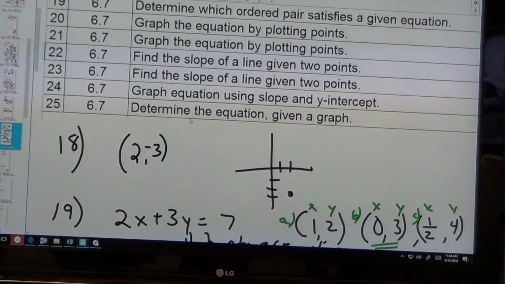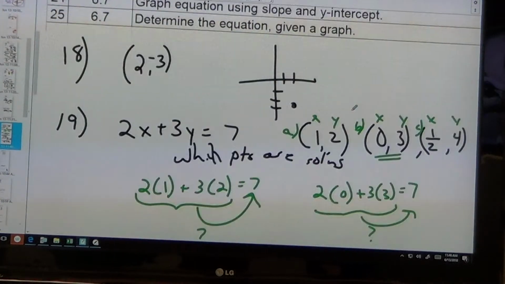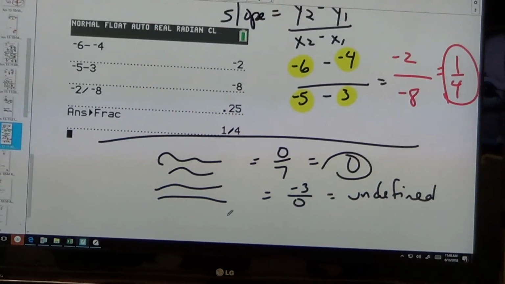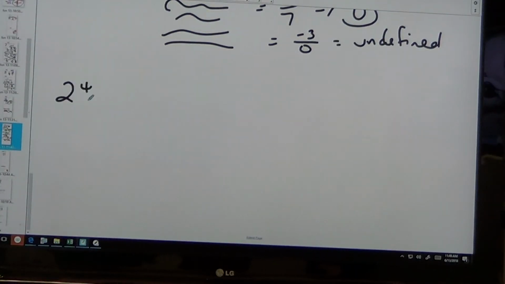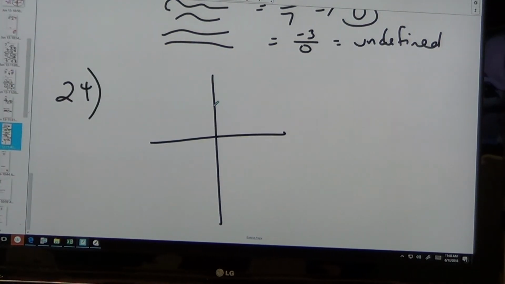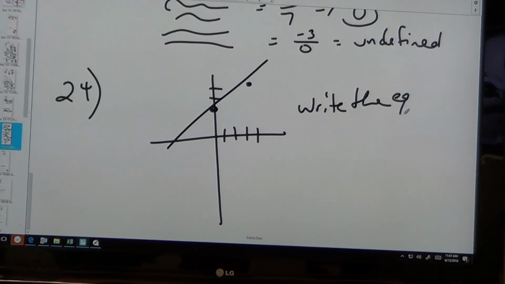Then you have one that says graph the equation using the slope and intercept. That's the one that's Deidre's favorite. So you're going to have one where I give you something like this, and it's going to say write the equation given the graph.